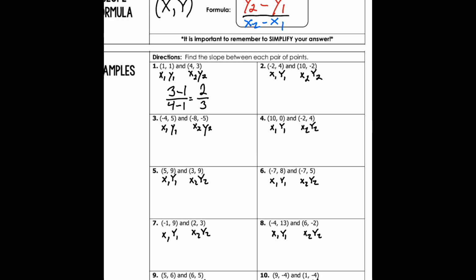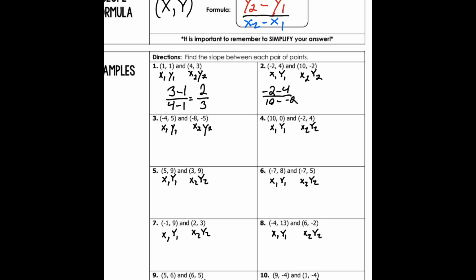So number 2, I have negative 2 minus 4, my y2 minus my y1, over my x2, 10 minus negative 2.